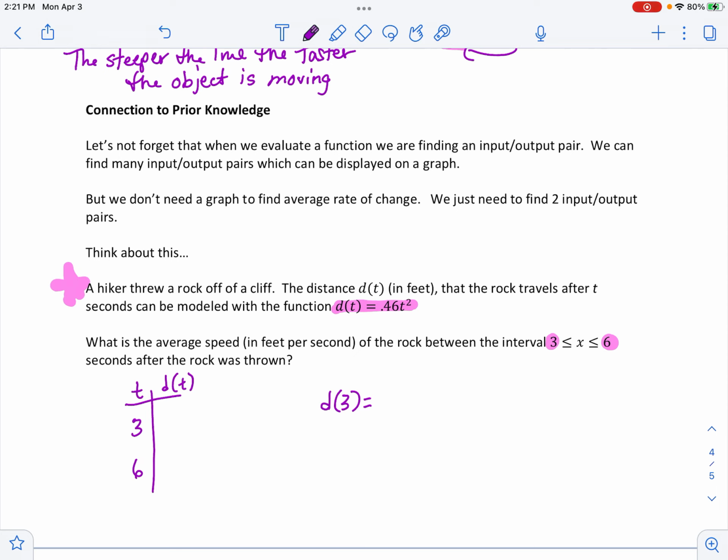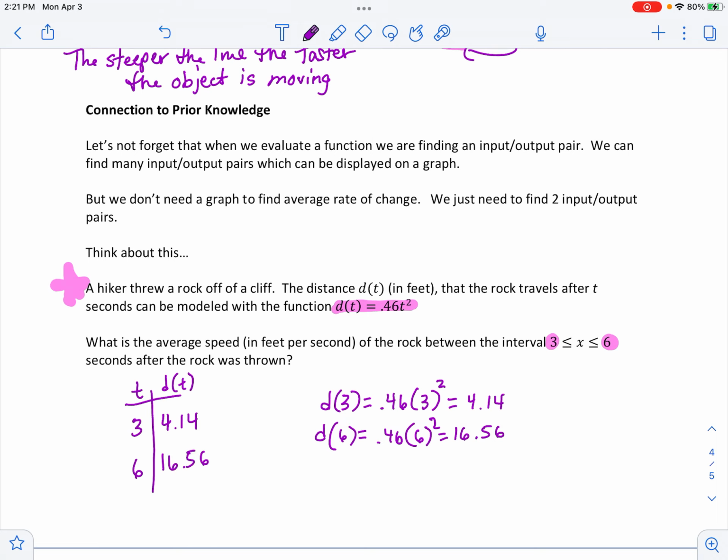So we're going to find d of 3 first. Remember, 3 is the input, so we put 3 in for t. We do a little PEMDAS work, and we get 4.14. We do the same thing for t equal to 6. So 0.46 times 6 squared, and we get 16.56.